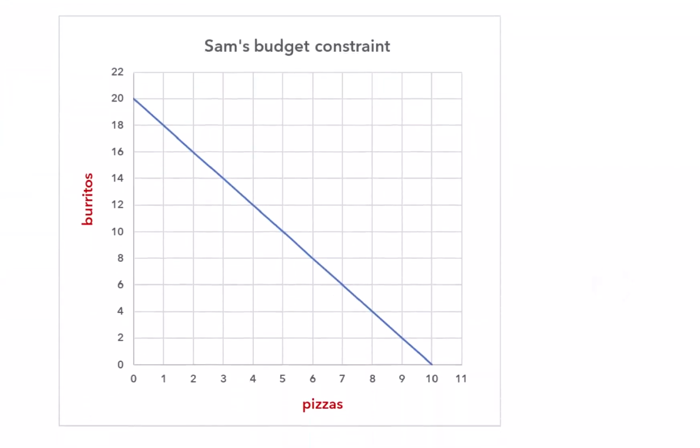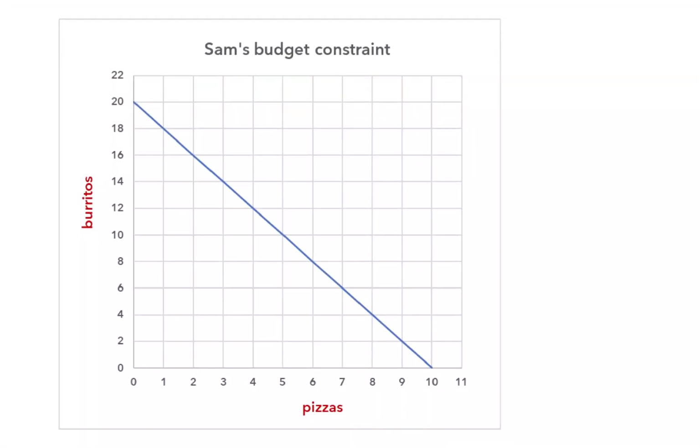Okay, so one way to figure this out when you have the budget constraint is to consider a point at one of the two extremes. So we'll start here. If Sam happens to be consuming at this point here, then that means he has 0 pizzas and he's getting 20 burritos.